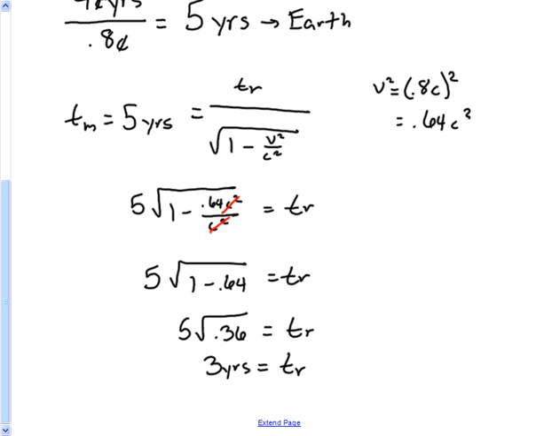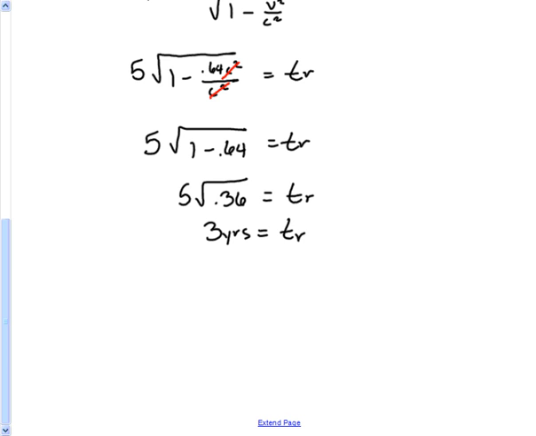So on the Earth, it looks like it's going to take 5 years to get there. People on the spaceship only take 3 years. Now here is where it kind of breaks down. If we are traveling at 80% the speed of light, and it only takes 3 years in the spaceship's reference frame, let's figure that out.